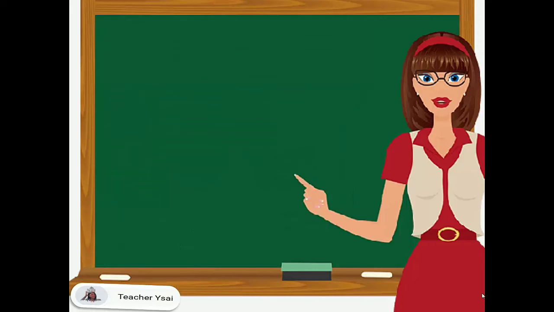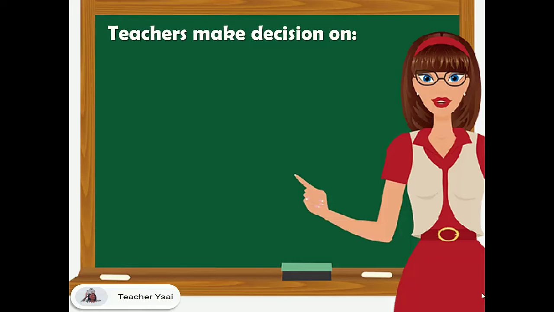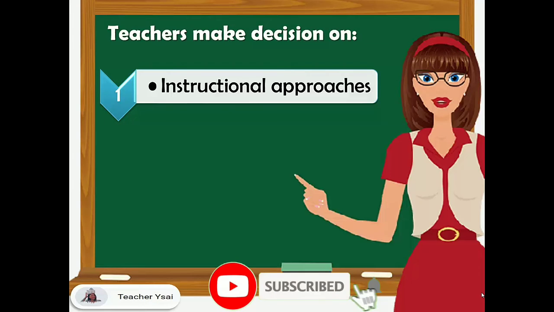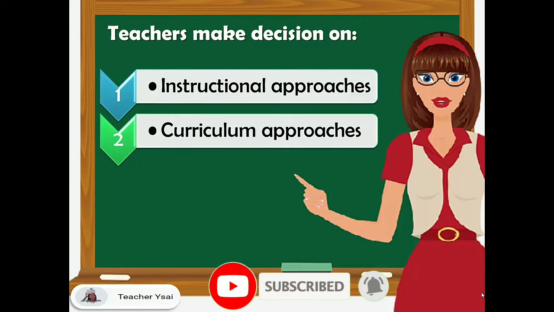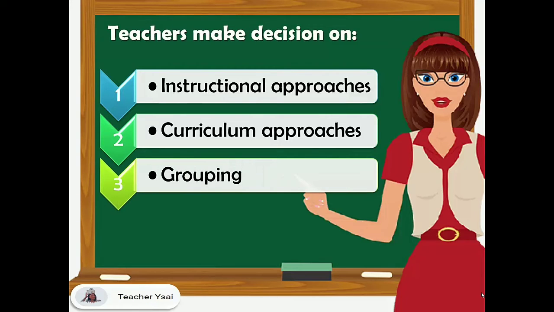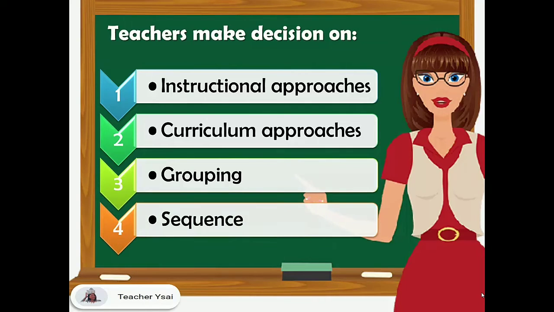With this, teachers make decisions on: first, instructional approaches, may it be traditional or constructivist approach. Second is on curriculum approaches, may it be single subject approach or interdisciplinary approach. Third is grouping. Could it be from individual to pair or group learning? The fourth is sequence. Students must have acquired technology prerequisite skills to successfully learn from the resources.